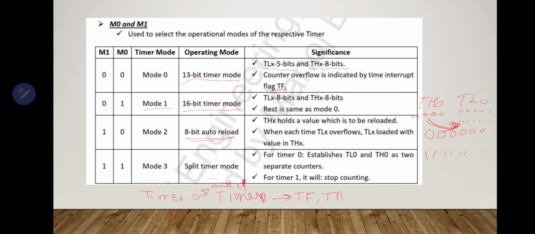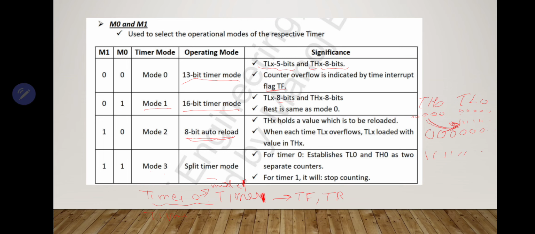So timer 1 is used to check the TF and TR of timer 0. It is used to stop counting and start counting if overflow occurs. So timer 0 is used for counting.